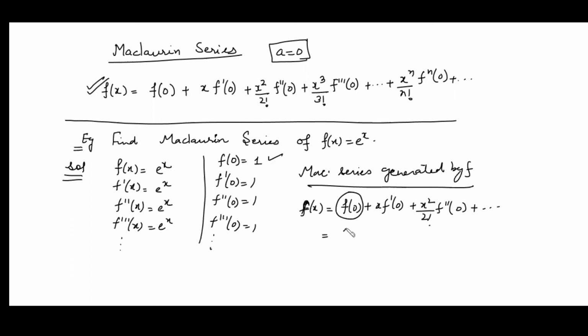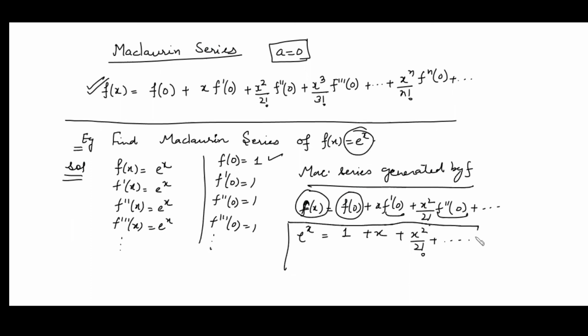It is 1. What is f prime at 0? It is again 1. Double prime, it is again 1. Right? And what is our f(x)? It is e to the power x. So this is an expansion of e to the power x. So this is the Maclaurin series of e to the power x. It's 1 plus x plus x square by 2 factorial, and so on.